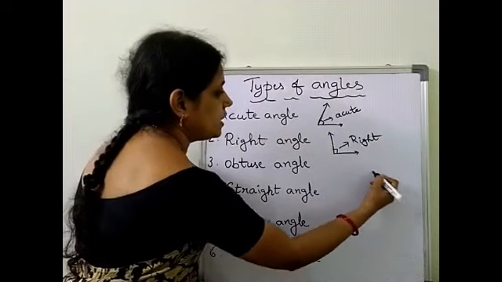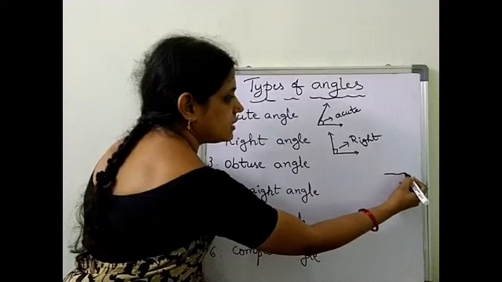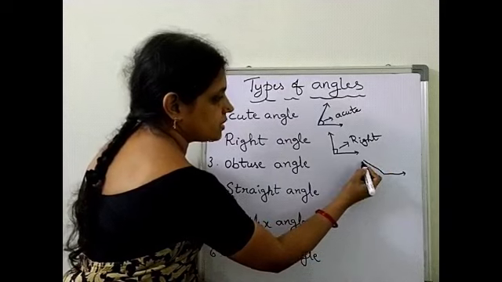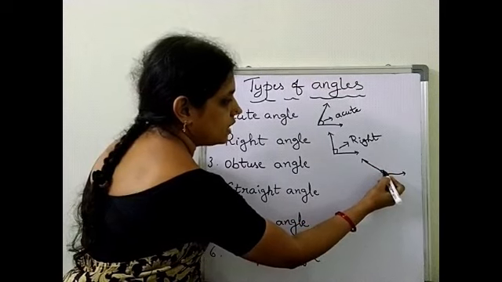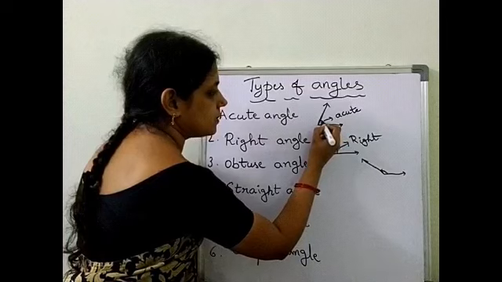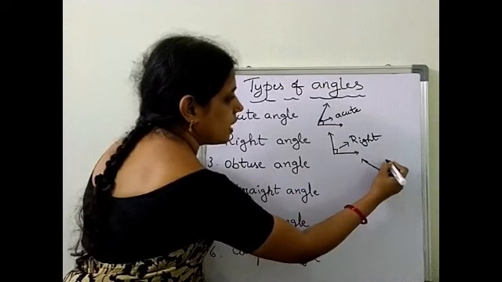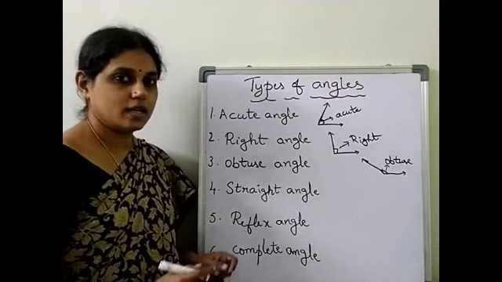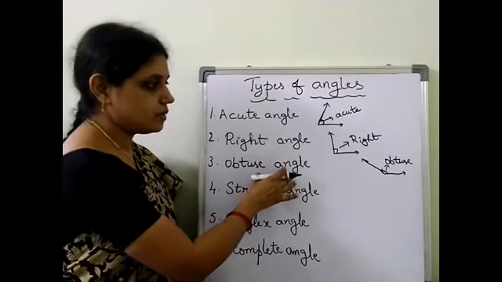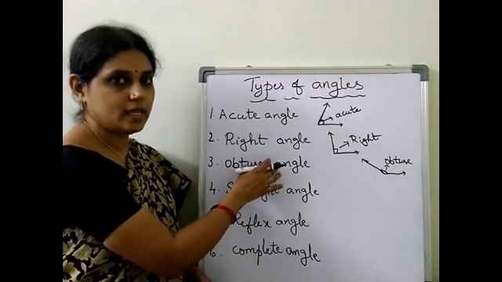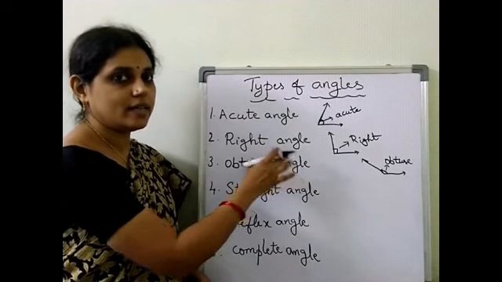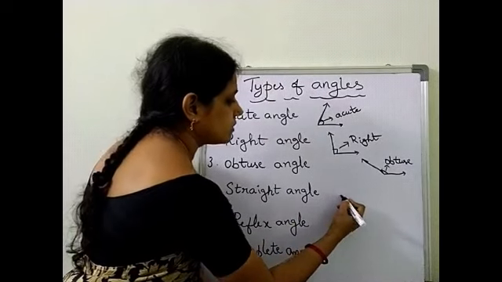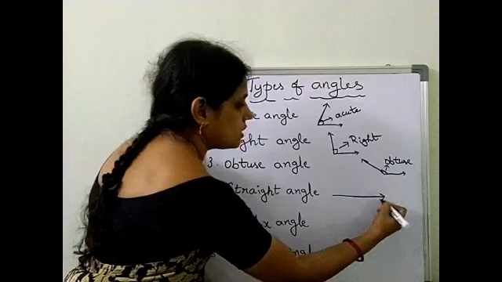If the measure of the angle is more than 90 and less than 180, then that is an obtuse angle. Here I am not giving any names, just a rough sketch I am drawing. Obtuse angle means the measure of the angle is between 90 and 180 degrees.